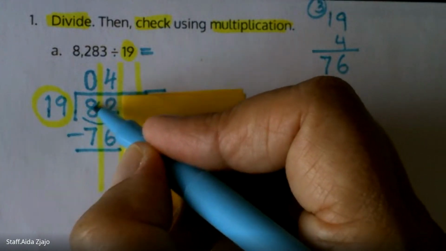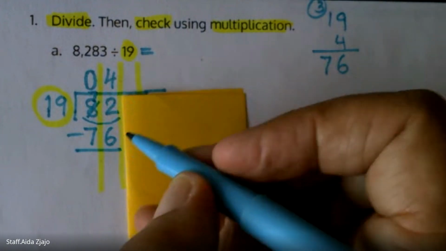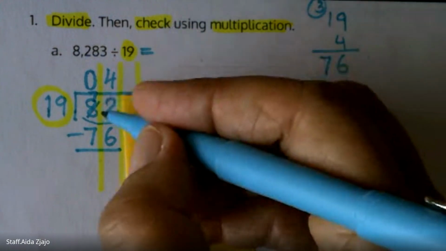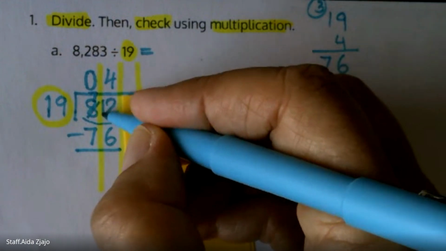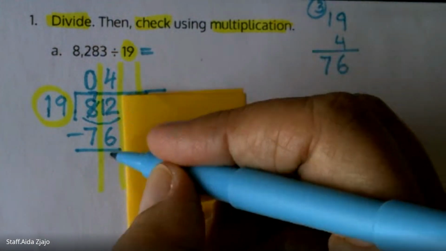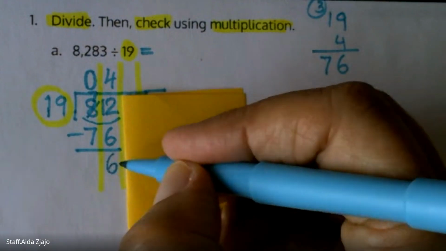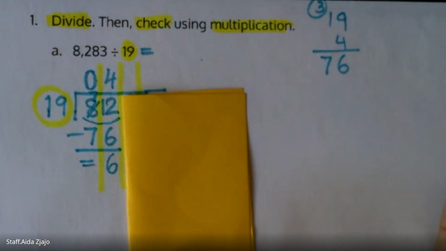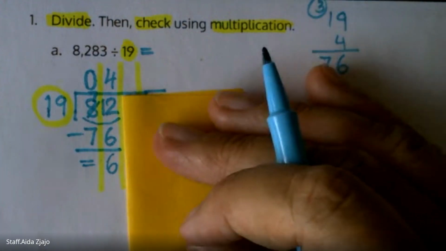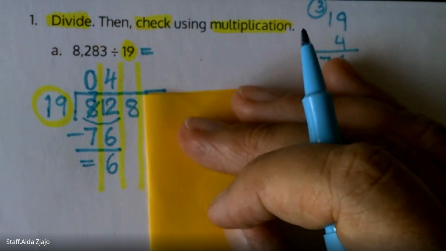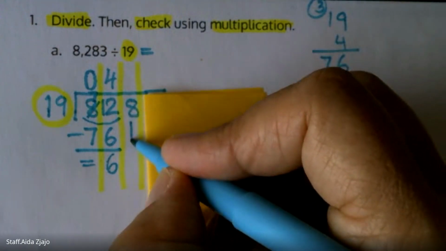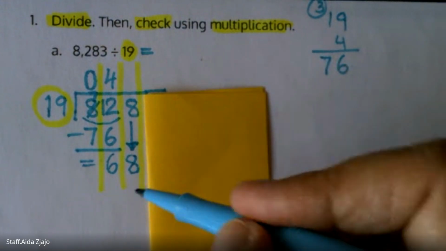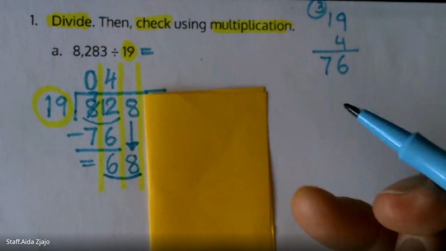And then when you subtract, you have to regroup because you can't take 6 from 2. So 2 plus 10 from regrouping is 12. 12 minus 6 is 6, and 7 minus 7 is 0, so there is 6 left over. Now you can move to the next number, which is 8. Bring down the 8, and now your number becomes 68.